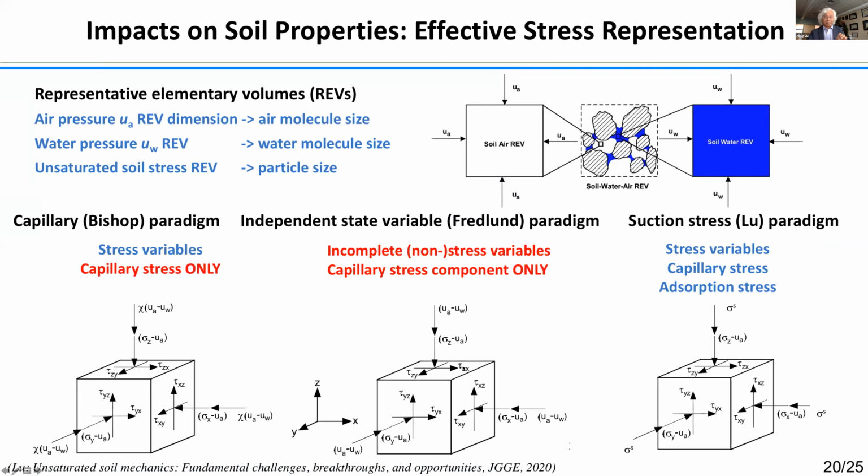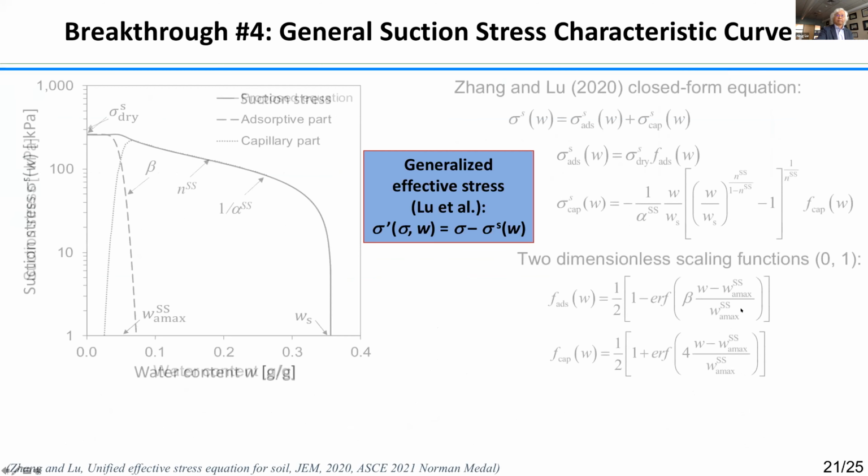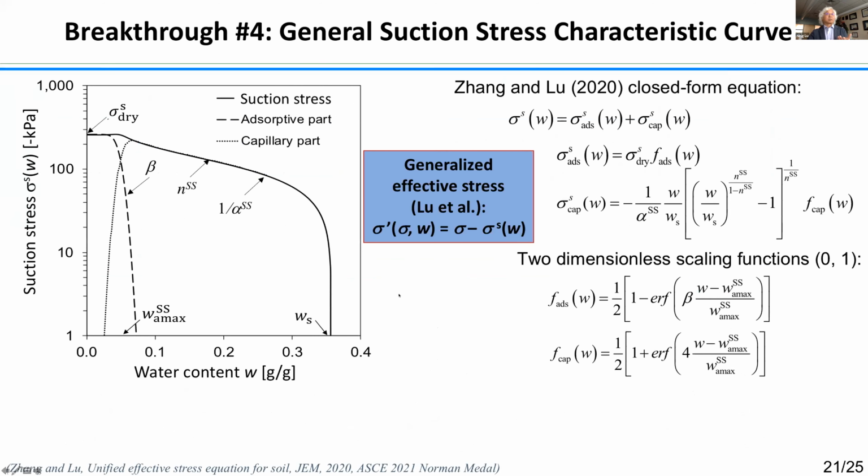Also very popular is the so-called two independent stress variables. As you see, each of them, this one is only capillary pressure, but it's not a stress. The way that we define it here is a unified way, the so-called suction stress. We no longer say just Bishop's capillary. We call it suction stress, and the suction stress has two components. Explicitly, it can be expressed by the suction stress of the adsorption component and the suction stress of the capillary component.